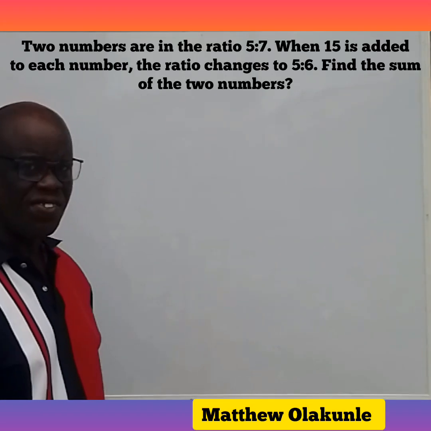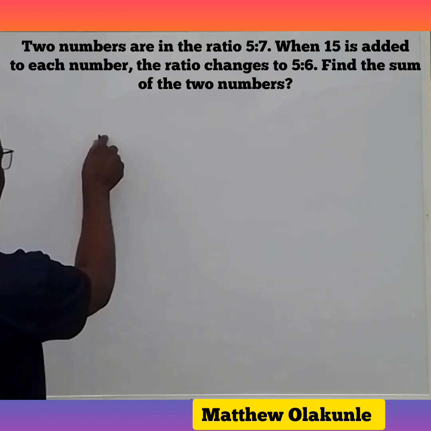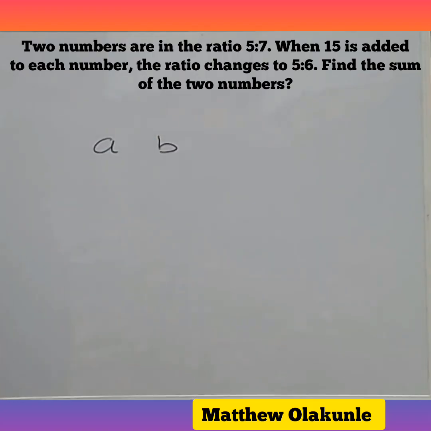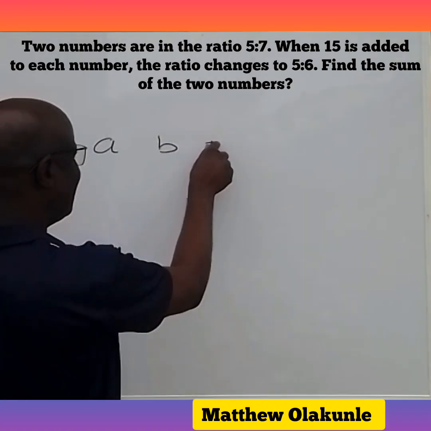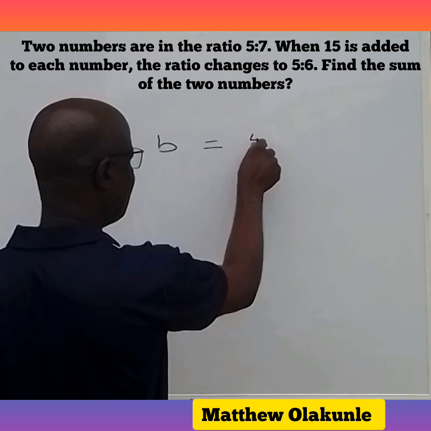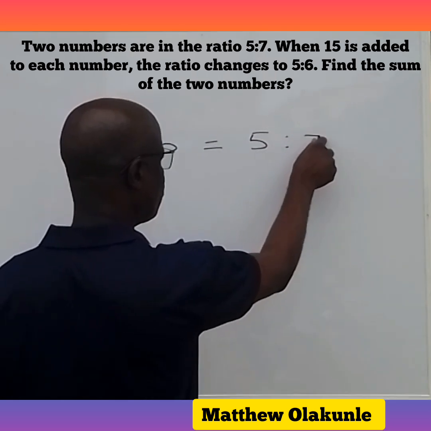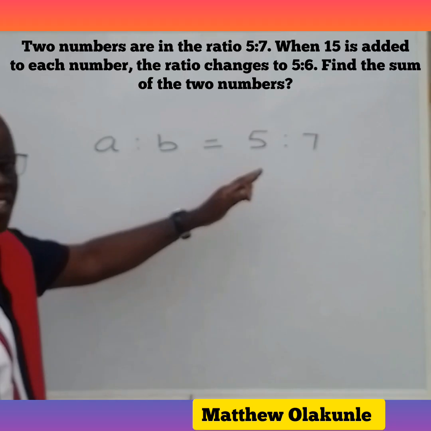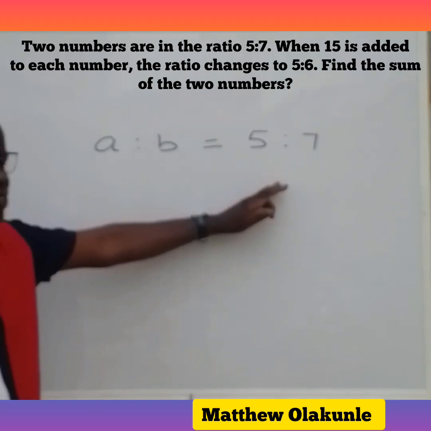Now, what this question is saying is this: we have two numbers, A and B, and their ratio is 5 to 7. That is, A ratio B is 5 to 7.